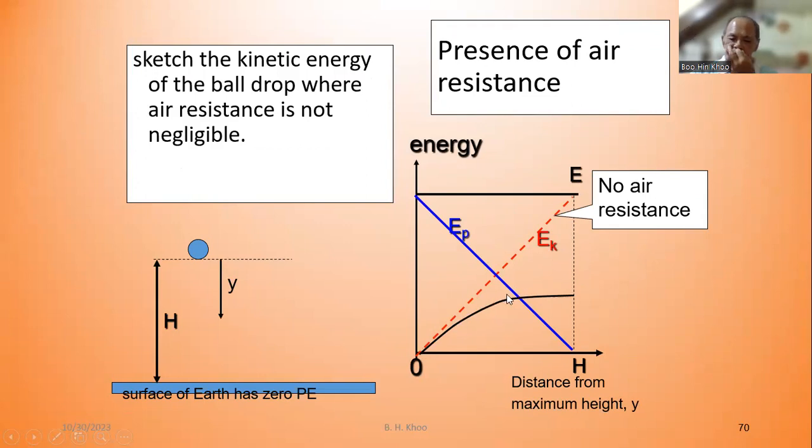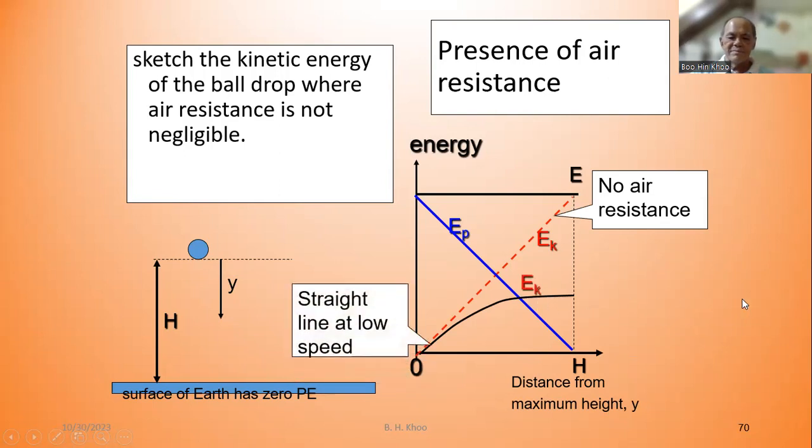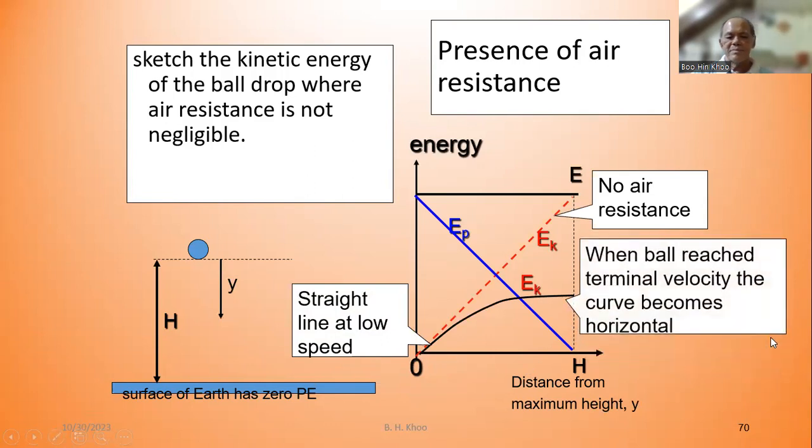When it reaches terminal velocity, the velocity stops increasing. So the kinetic energy will start to go away from the straight line, and at terminal velocity the kinetic energy is constant. In this part where the velocity is quite small, it's a straight line and low speed. When the ball reaches terminal velocity, the curve becomes horizontal.